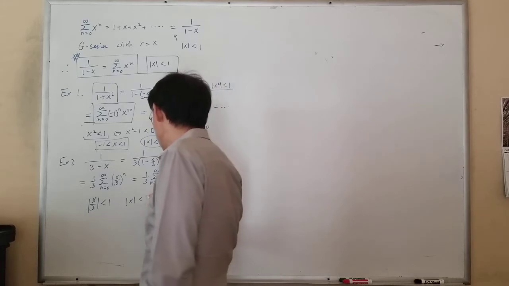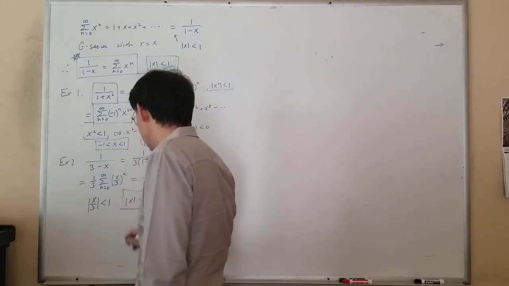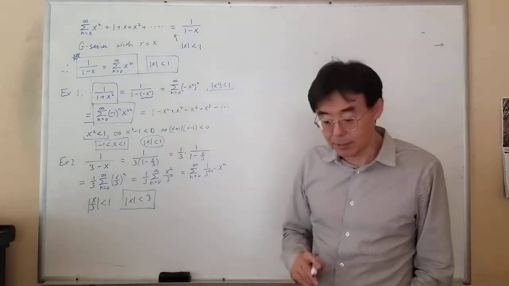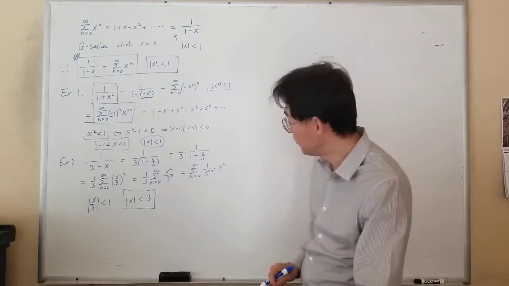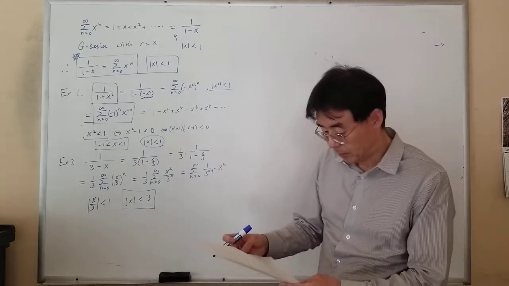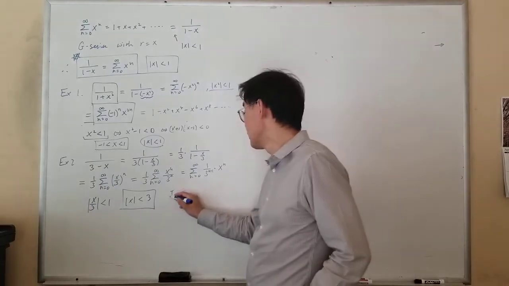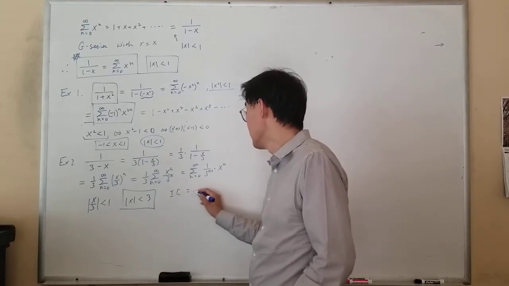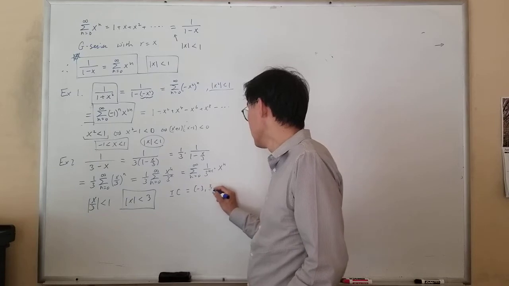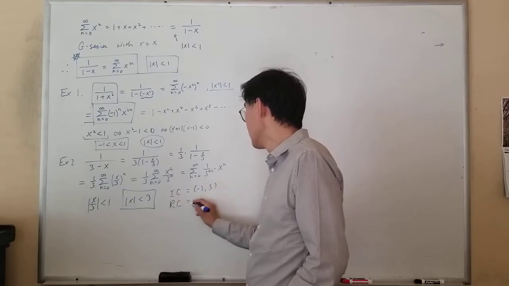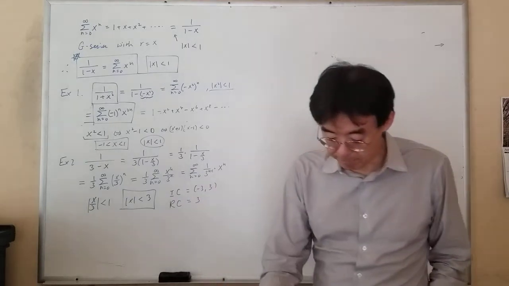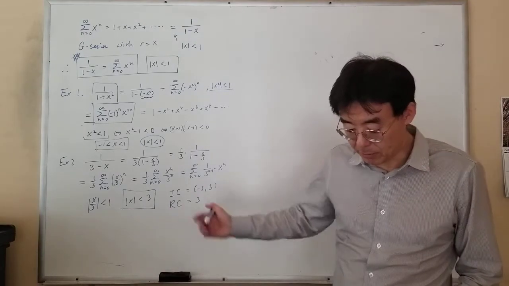So x is between -3 and 3. Okay? The interval of convergence is -3 to 3. The radius of convergence is obviously 3 as a power series.